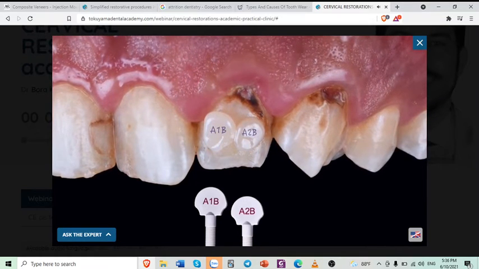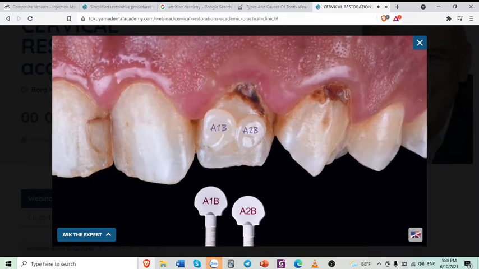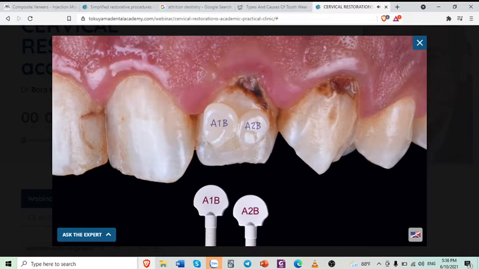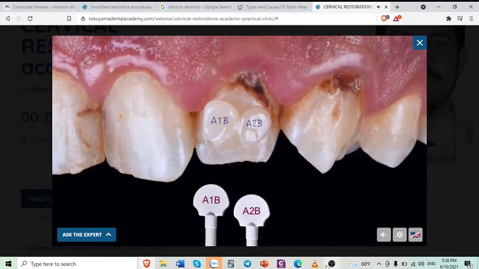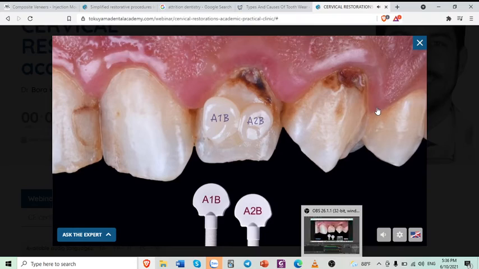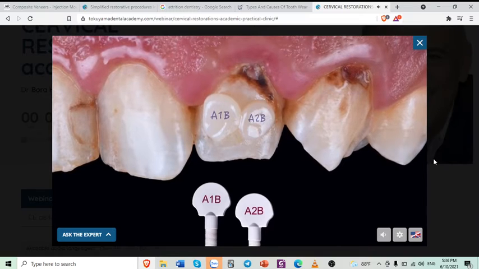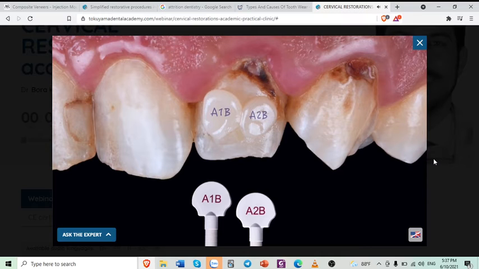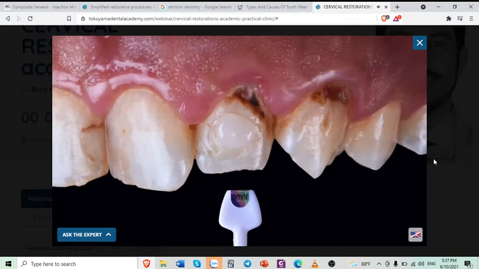The area here, well, it's best to place it on the neck of the central healthy tooth. It is better to see the color, the shade of the natural tooth, and he used two bodies.